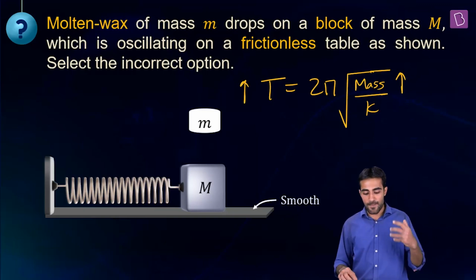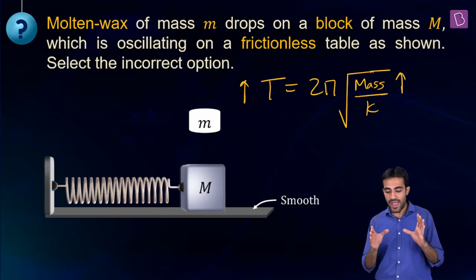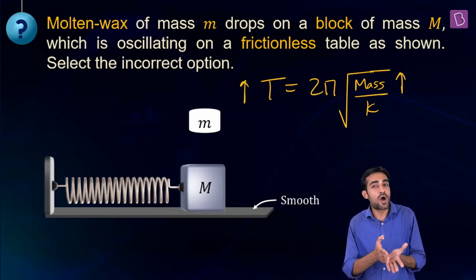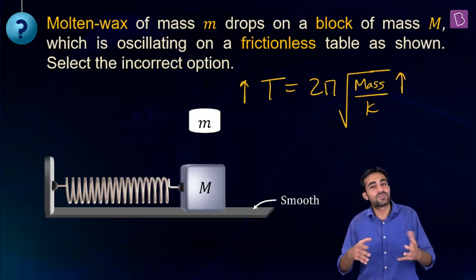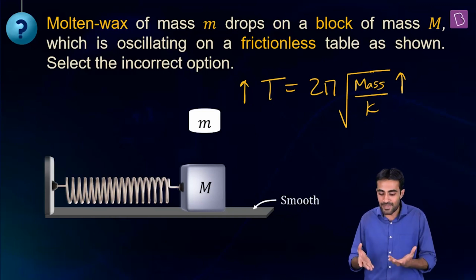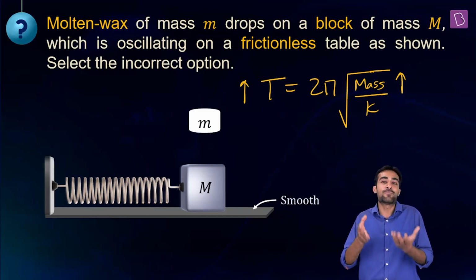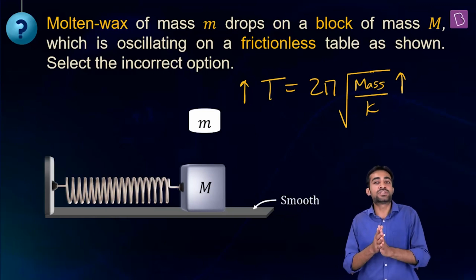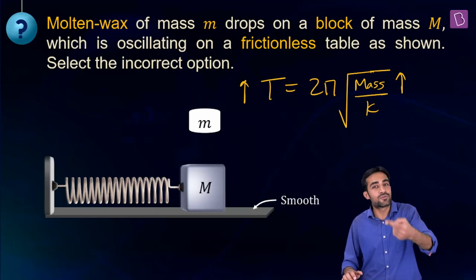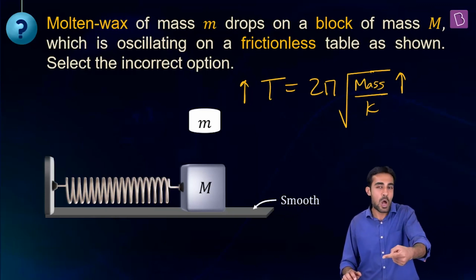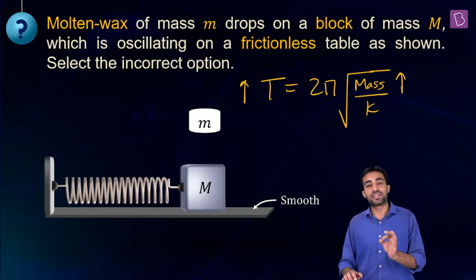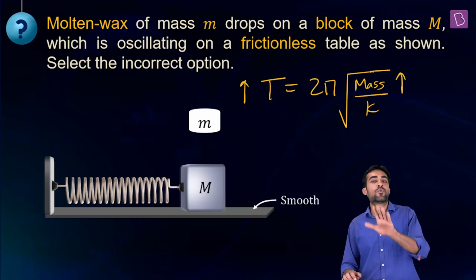So whether we drop the wax when the object is at mean position or at extreme position, in both cases we are increasing the mass, and time period depends on the mass. So time period increases. Position does not matter. In our case, time period will definitely increase. It won't remain the same, it won't decrease.